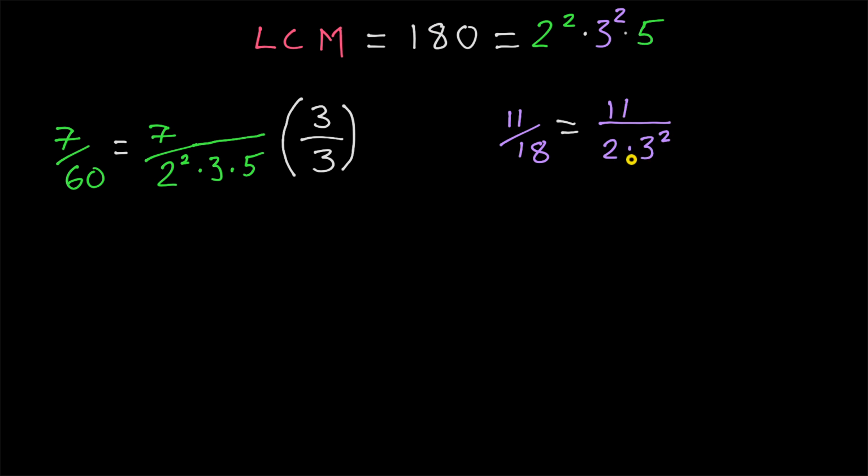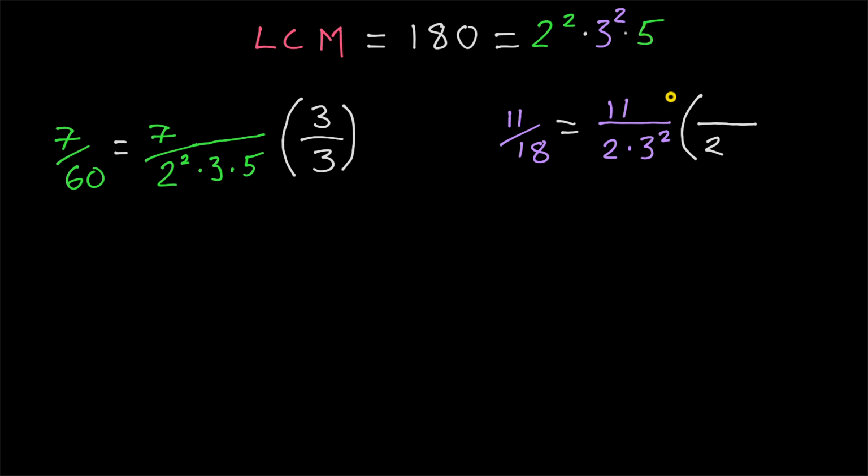What about this guy over here? What about 11 over 18? Well, you've got 2 times 3 squared. So does it have a 2 squared from our lowest common multiple? No, it doesn't. It just has a 2. So you're going to have to multiply the numerator and the denominator by a 2, because 2 times 2 gives you a 2 squared. Does it have a 3 squared?